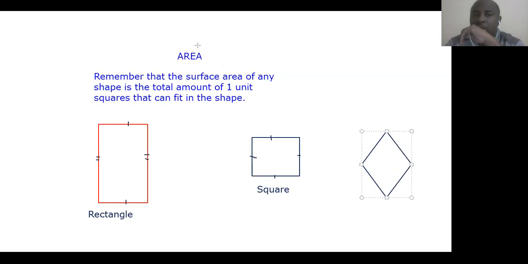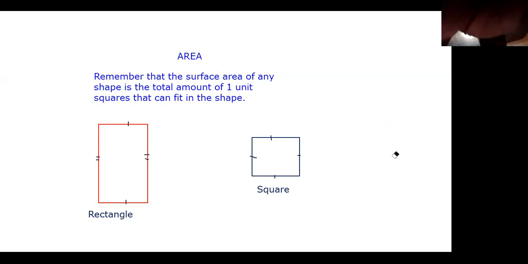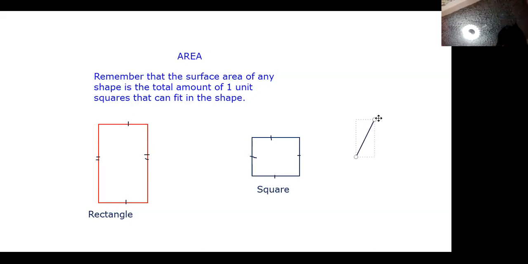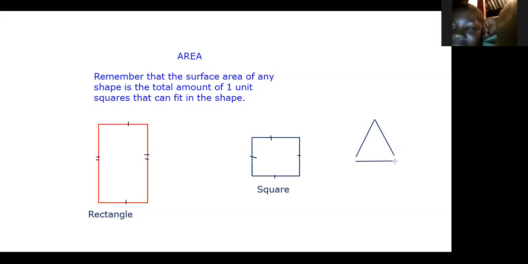Our three shapes are going to be that, that, and a triangle, and that. All right, so these are our three shapes today.